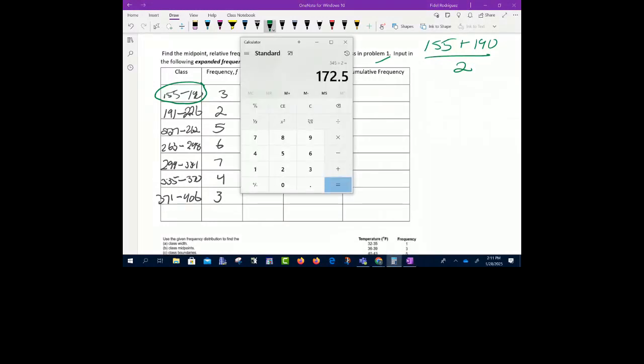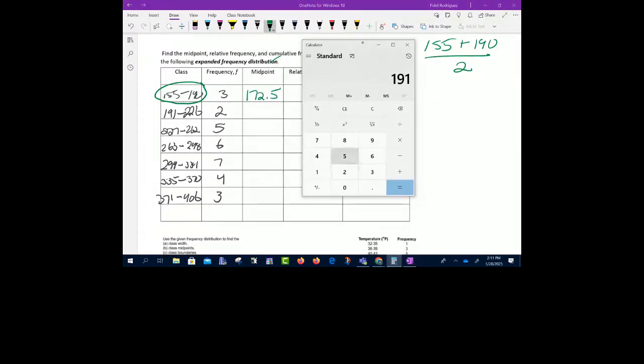And I'm going to go ahead and keep going down my column, y'all. So for the next one, look what we're going to add. We're going to add 191 plus 226. We're going to divide that by 2, and that's 208.5. Okay. Now, y'all, when we were here last Thursday, one of the things that we had talked about was the class width. And one way we had figured out the class width was if we subtracted those numbers.